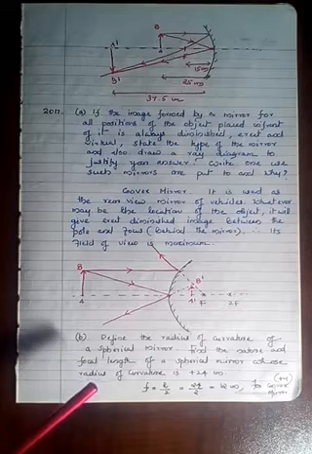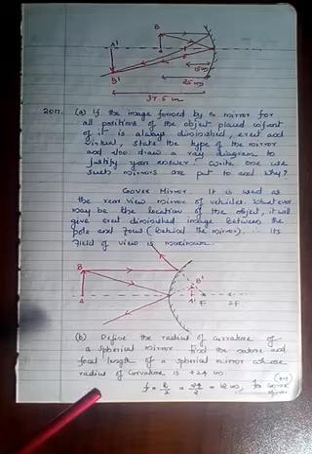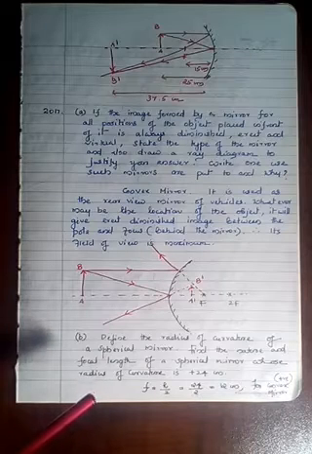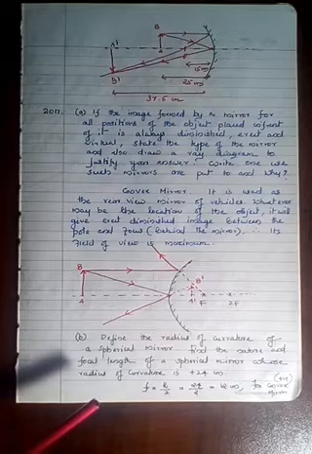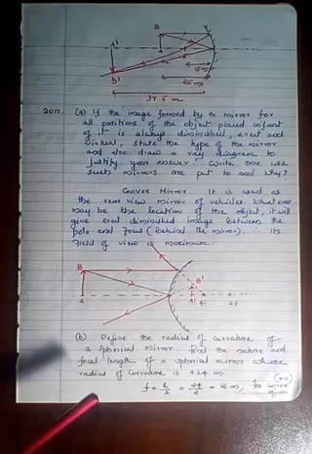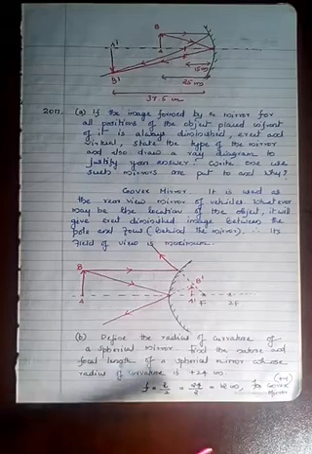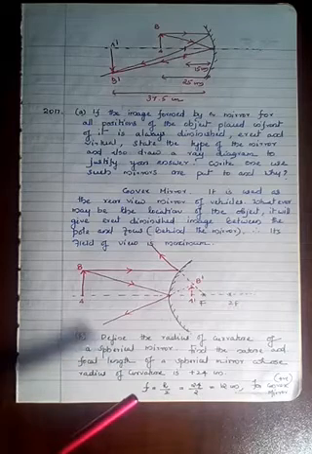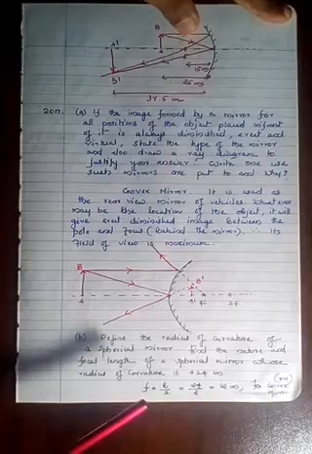We know the radius of curvature means the separation between the center of curvature and the pole of the mirror. We know the mirror formula as f is equal to r by 2. Here the radius of curvature is given as plus 24. So plus 24 by 2, you get the value 12 centimeter. Because of the positive sign, certainly we can say it is a convex mirror.